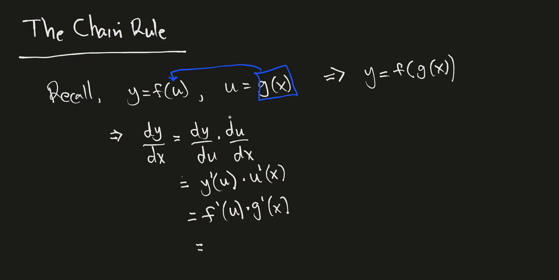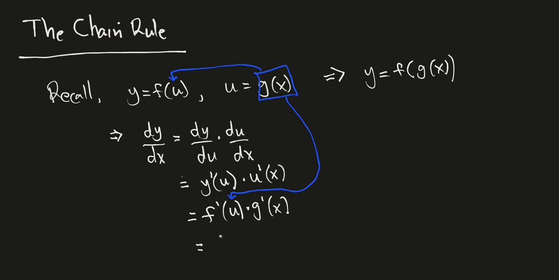Since I plugged u equals g into this function to get this form, why not plug the same u equals g into that form, right? And then look at what we would get.